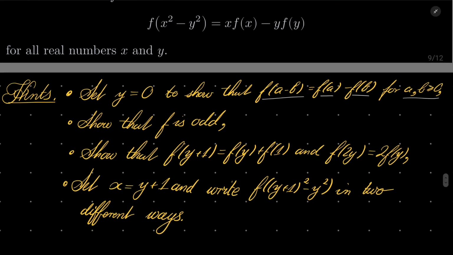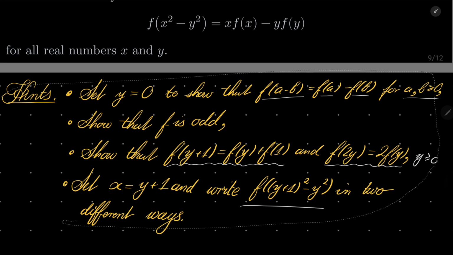And then, in preparation for the last part, show the following two equalities, that f of y plus 1 equals f of y plus f of 1, and f of 2 times y equals 2 times f of y for non-negative y's. And finally, set x to be y plus 1 and try to write this in two different ways. I'll give this problem a try and I will see you in just a minute.